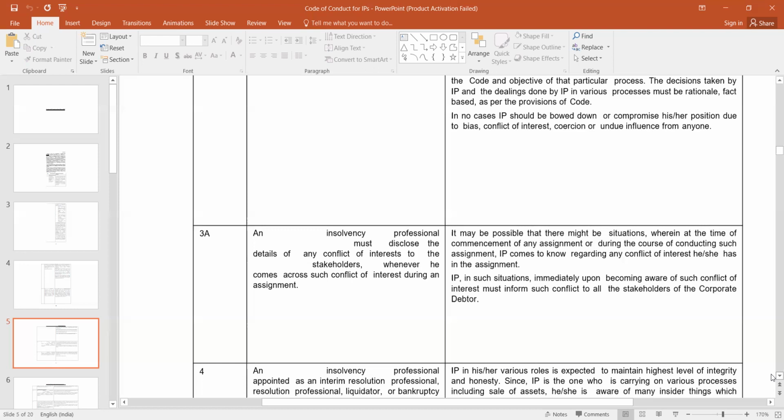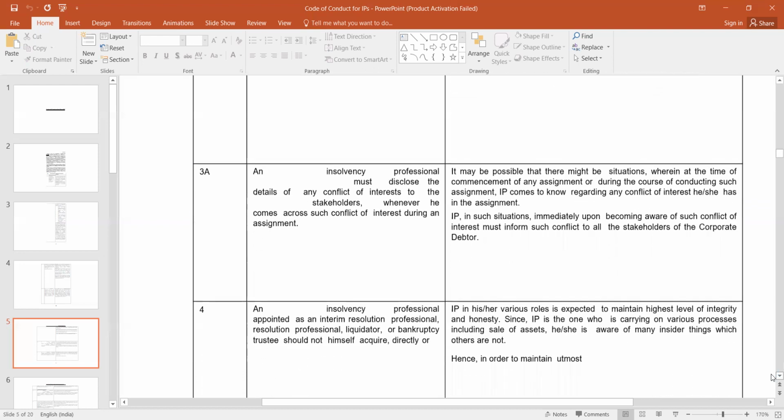So this conflict of interest must be disclosed to the stakeholders, because that was not the situation at the commencement of the assignment. That situation cropped up later. So similar situations, you could imagine that the conflict of interest could arise at a later date because of change in the relationship or due to change in circumstances. So such things could happen.